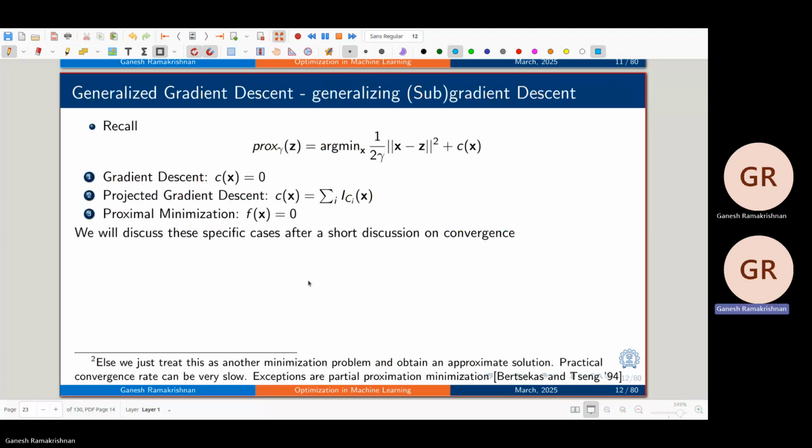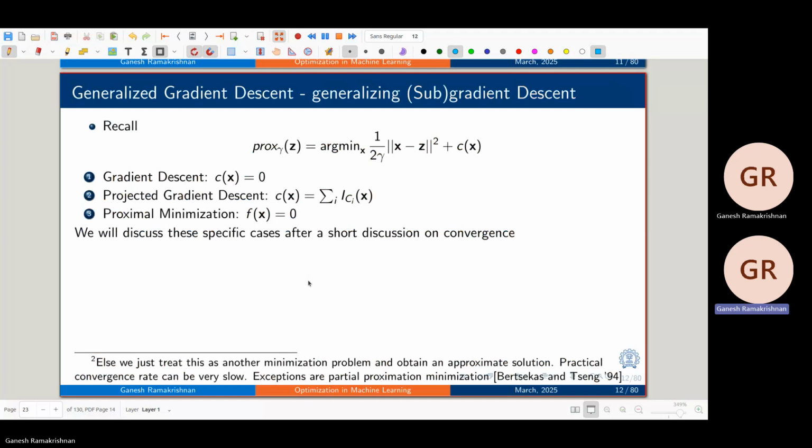Having convinced you that this is good, I'm just going to trace all of this. On the other hand, the other extreme is proximal minimization. Let's say I have only a constraint.